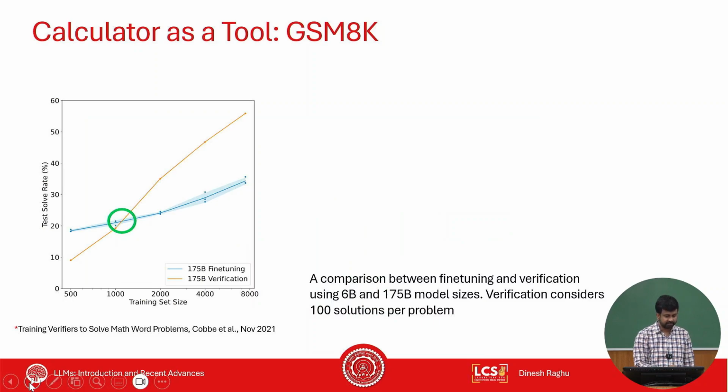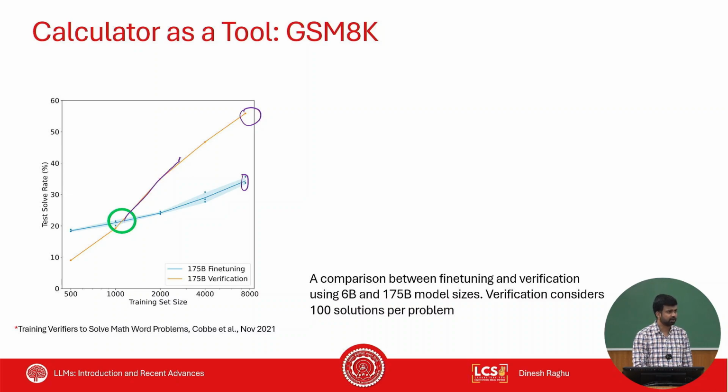And what they found is that even when you're using 1000 data points, you start to see a good jump in the performance. So from slightly above 30%, they were able to boost the performance to 55, 56% by using the verifier.